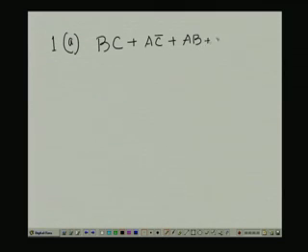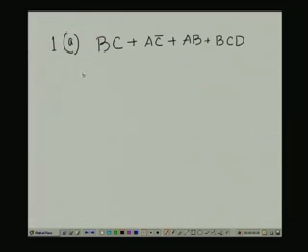The expression is BC plus AC bar plus AB plus BCD.